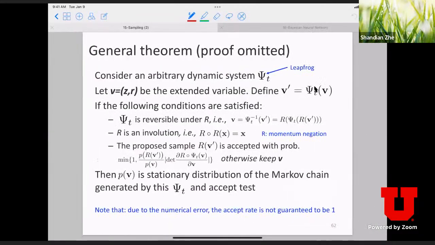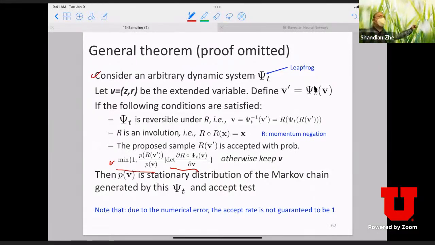Basically, we can show the validity of this from the general theorem we went through in the last lecture. We particularly mentioned that this theorem applies to any dynamic system if you want to use that dynamic system to generate sample proposals. But in general, after you evolve the state of your dynamic system up to some time t, you have to compute the determinant of the Jacobian of this evolution.